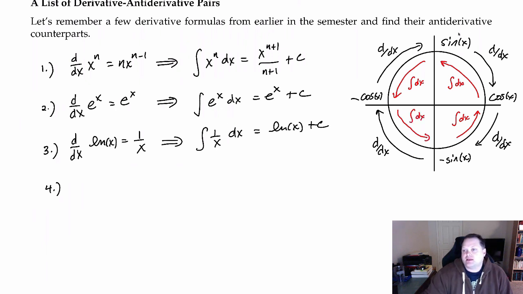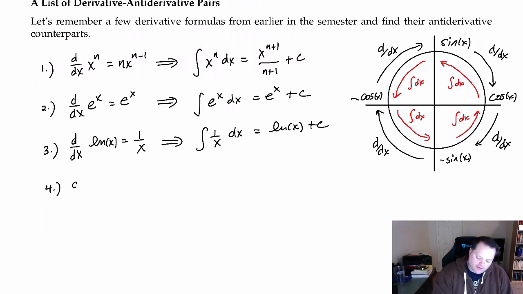So the antiderivative of sine is minus cosine. The antiderivative of minus cosine is minus sine. The antiderivative of minus sine is cosine, and so on. So if you move clockwise, you're differentiating. If you move counterclockwise, you're anti-differentiating.